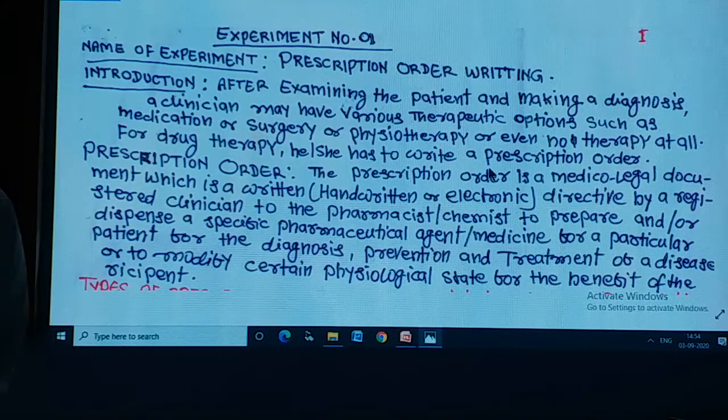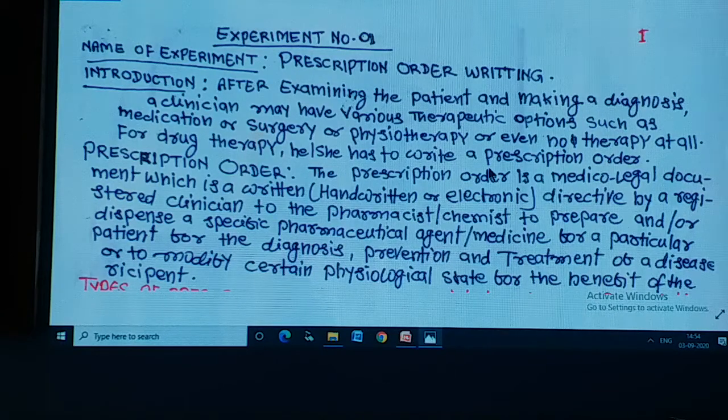that a clinician, after examining the patient and making a diagnosis, has various therapeutic options such as medication or surgery or physiotherapy or even no therapy at all. For drug therapy, he has to write a prescription order. Then the question arises, what is a prescription order?